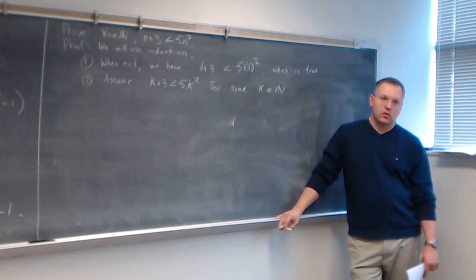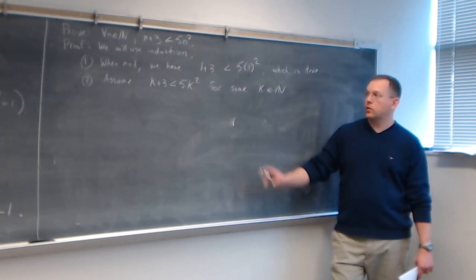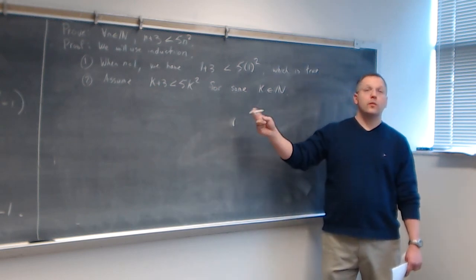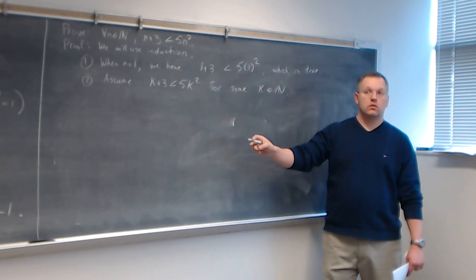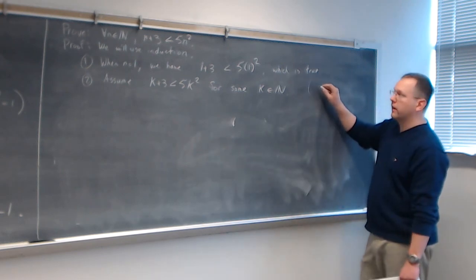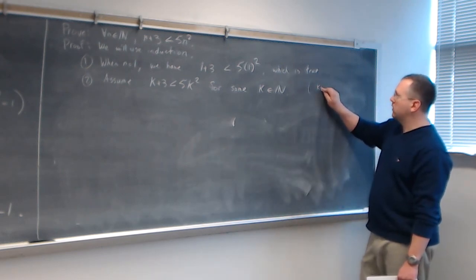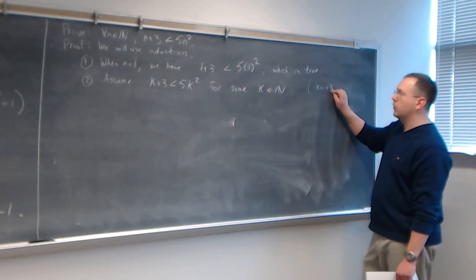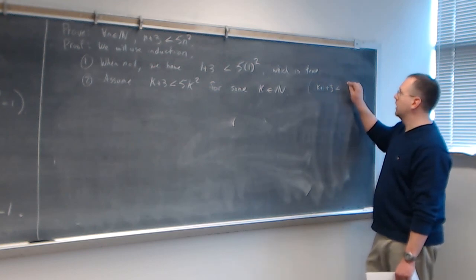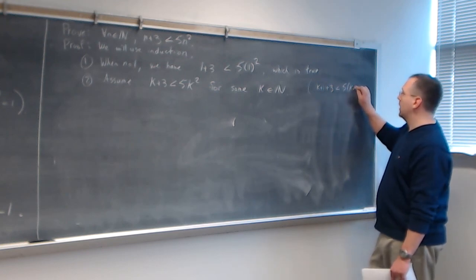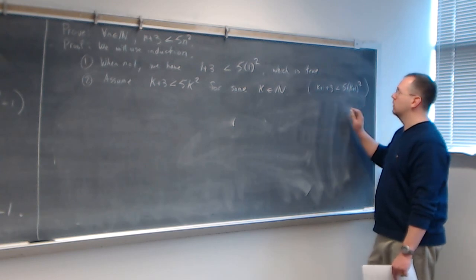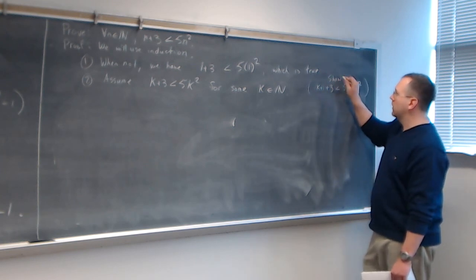So what do we need to show? We're assuming it's true for some natural number k. Then we need to show it's true for k plus 1. What does that now look like? It'll look like k plus 1 plus 3 is less than 5 times the quantity k plus 1 squared. That's what we need to show.